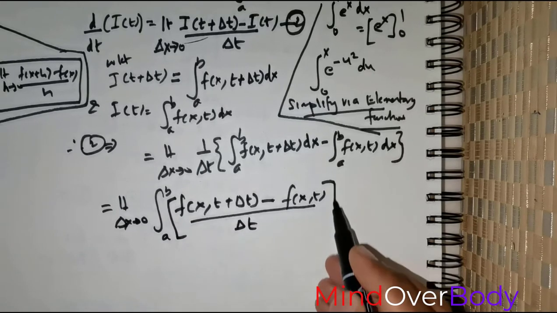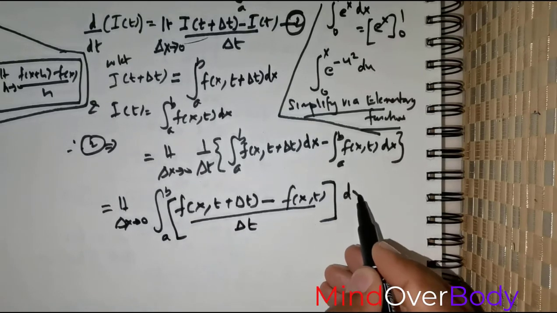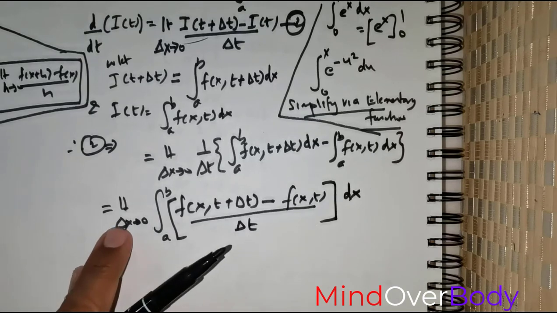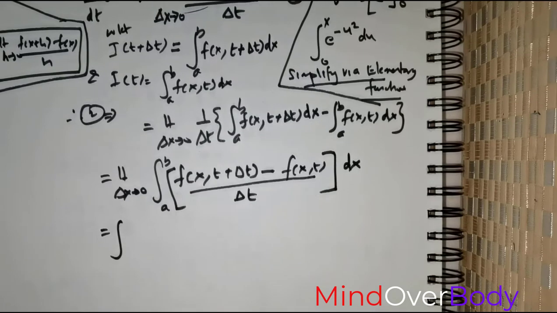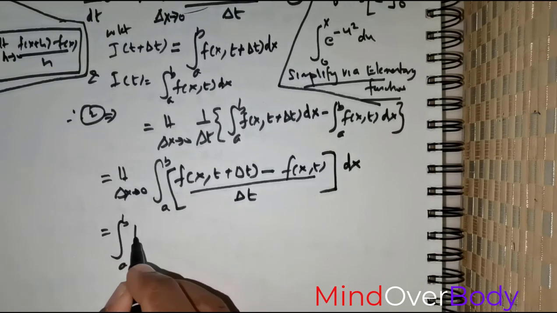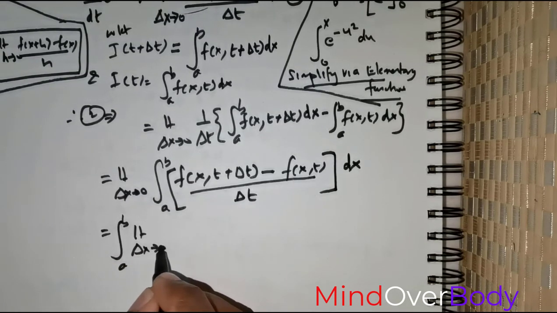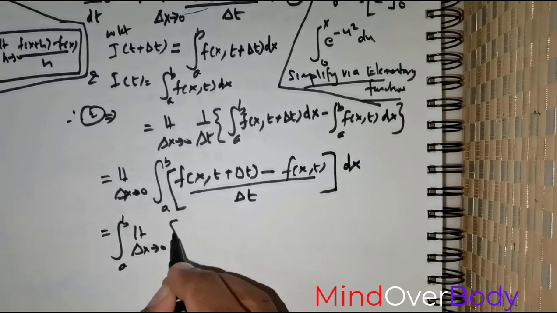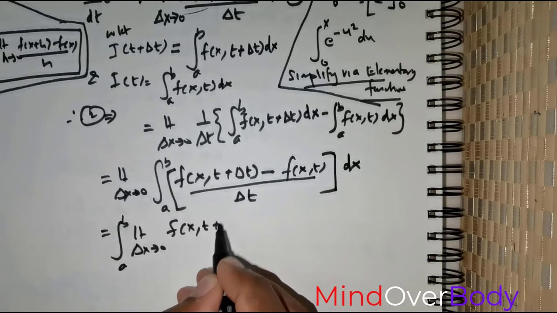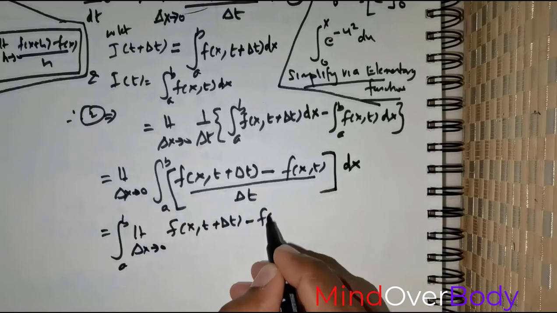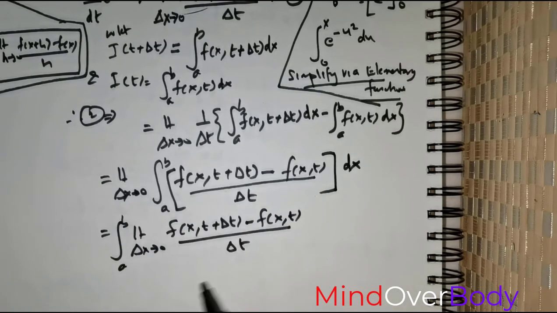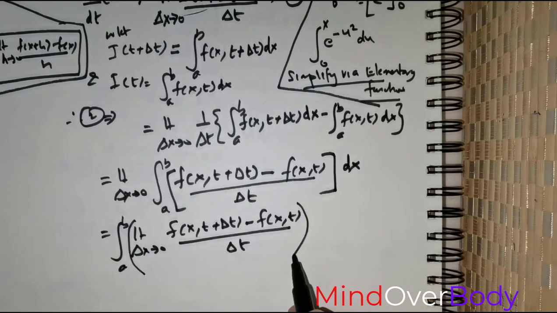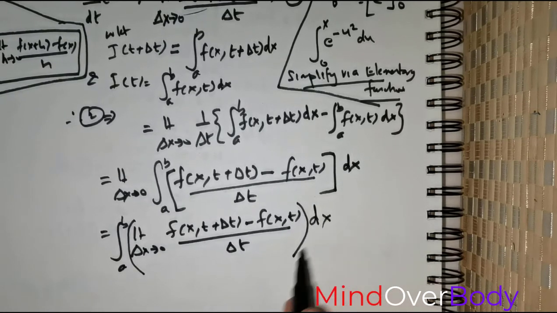Let me place this in square parentheses and multiply it by dx. Now I want to push the limit inside, so this is equal to the integral from a to b of the limit as delta t tends to 0 of f of x comma t plus delta t minus f of x comma t, divided by delta t. This is placed inside the parentheses with dx outside.